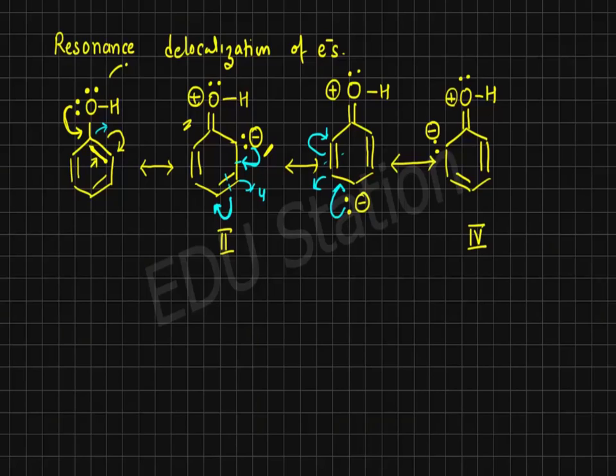Now, again the last structure, this carbon gives the electron over here and oxygen tends to take back its electron. So, you will have the last structure, O, it has withdrawn its electrons.